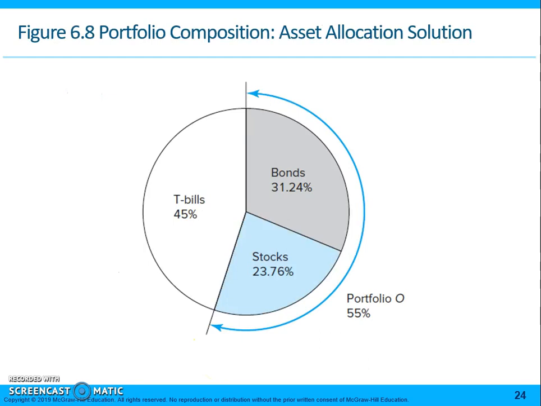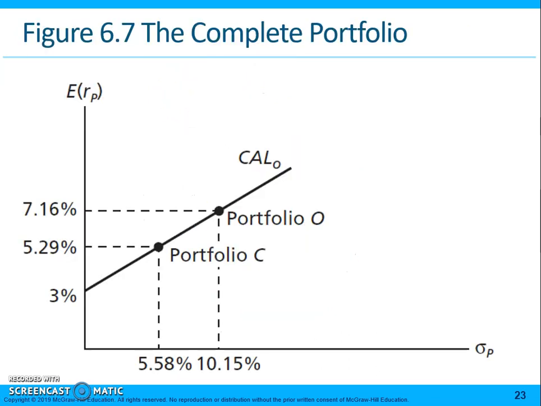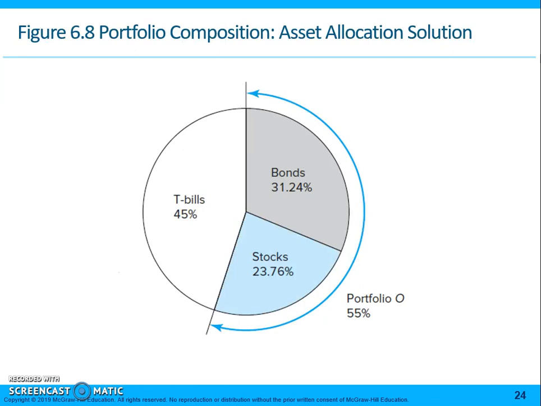So this figure, 6.8, is just the portfolio composition for this portfolio C. So we've got 45% in T-bills, 31.24% in bonds, 23.76% in stocks.